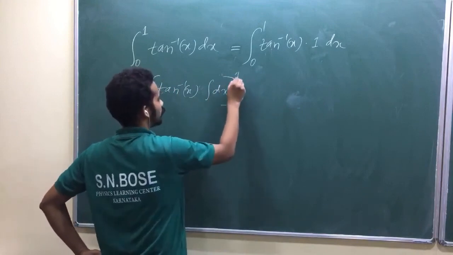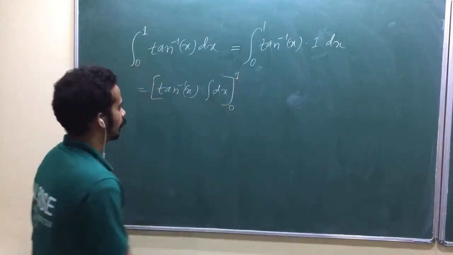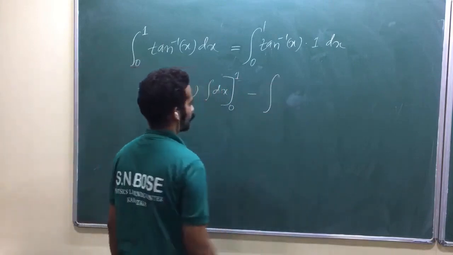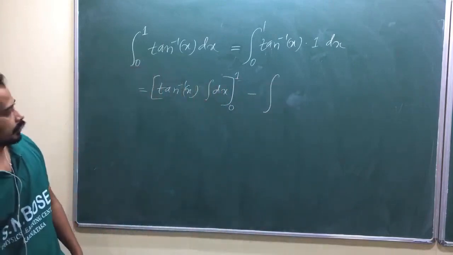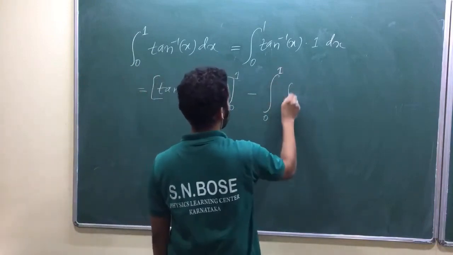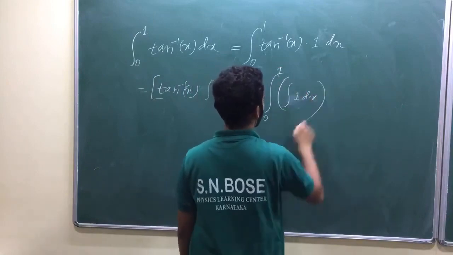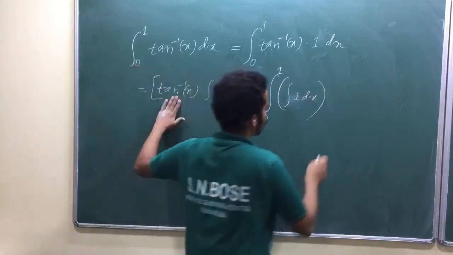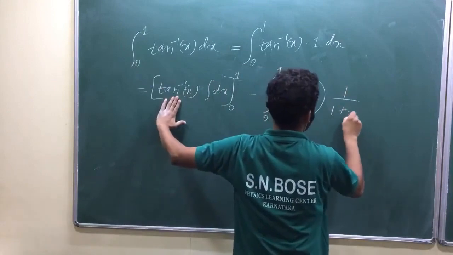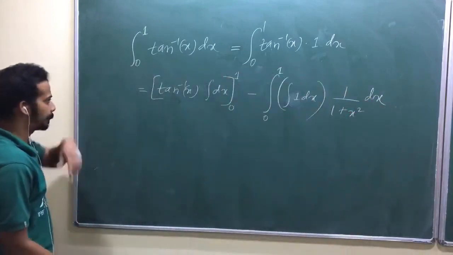I hope you know that one in integration by parts. Minus the integration, again from 0 to 1, of the integration of the second function, that is 1 dx, into the differentiation of the first function, that is 1 by 1 plus x square dx. Check it out.